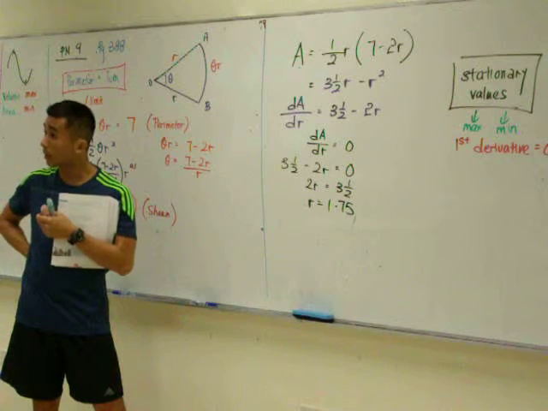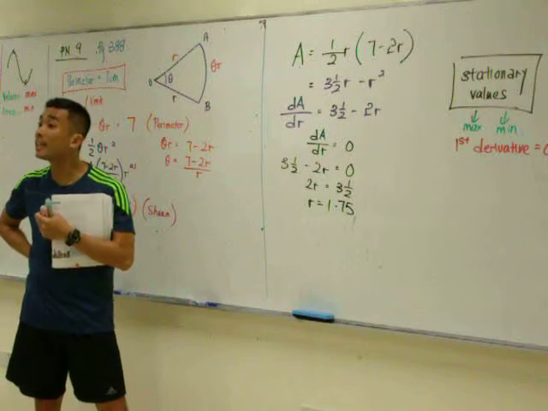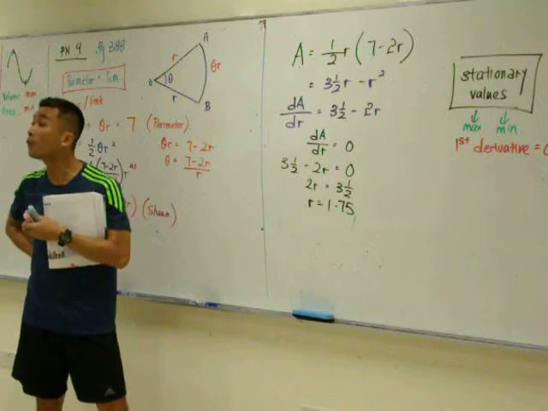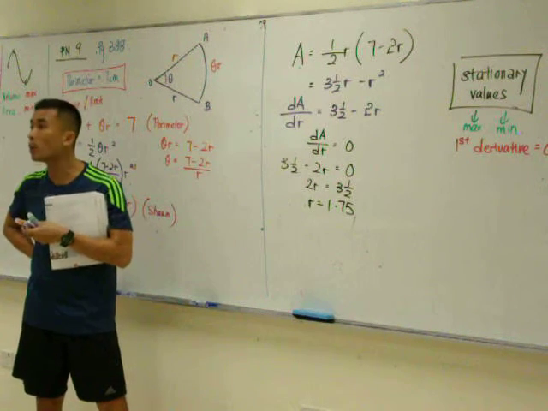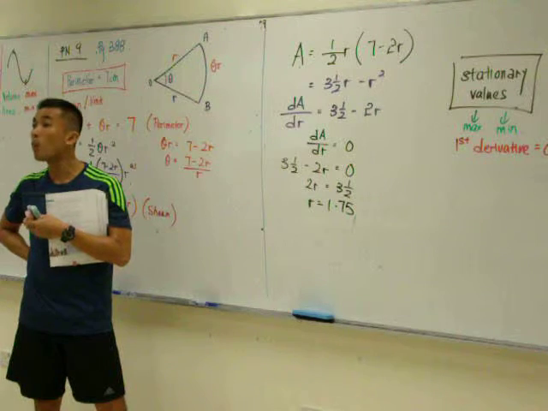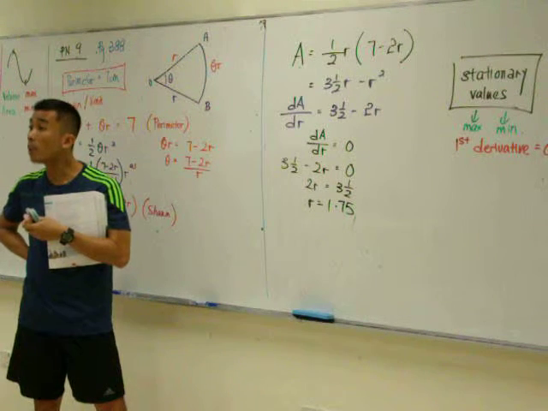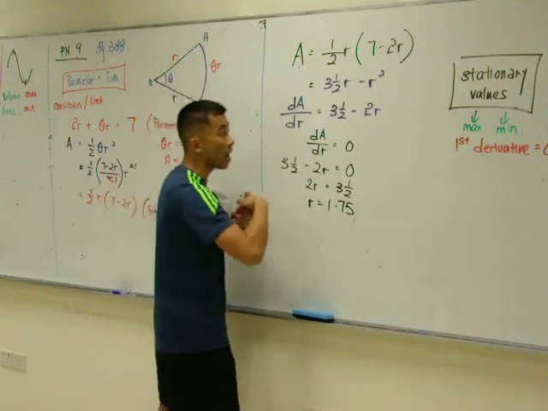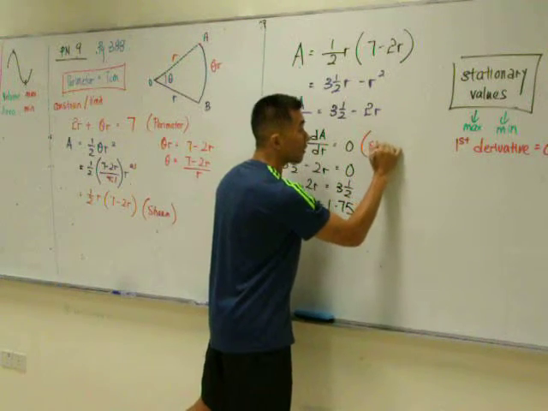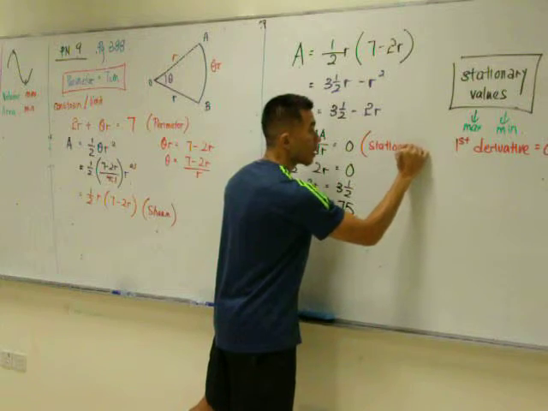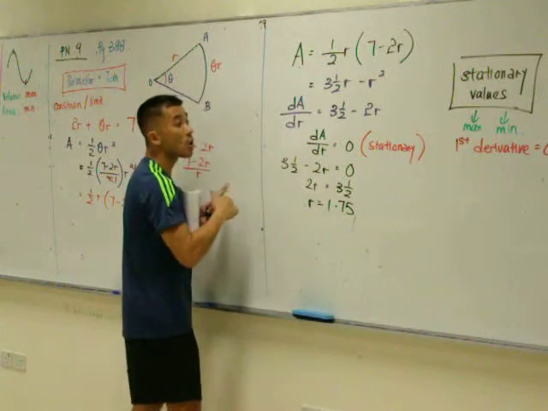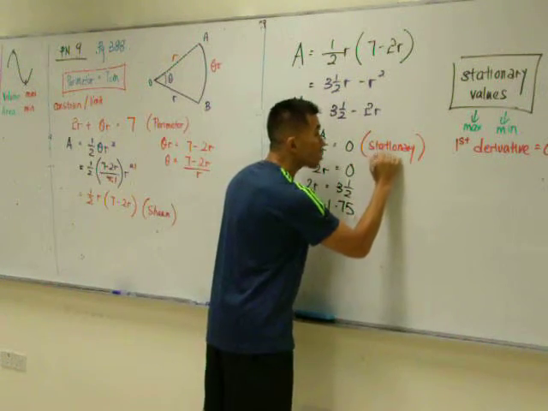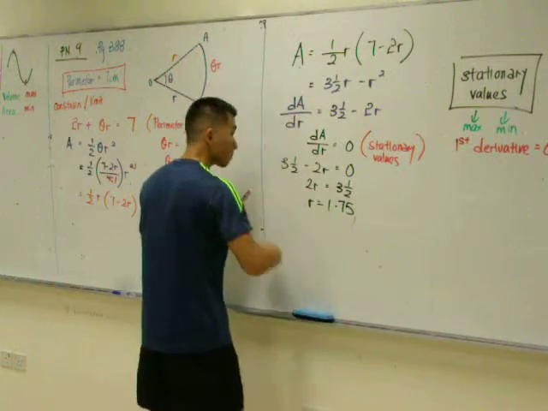We go back to our work problem again. Previously, when we say dy/dx is equal to 0, you find the value of x. Will that tell you it's maximum or minimum? What will that tell you? It will only tell you it's stationary. Same thing. This answer of having your first derivative equal to 0 will only tell you stationary values.